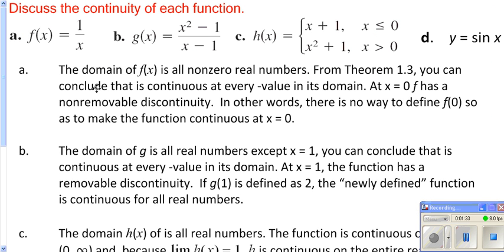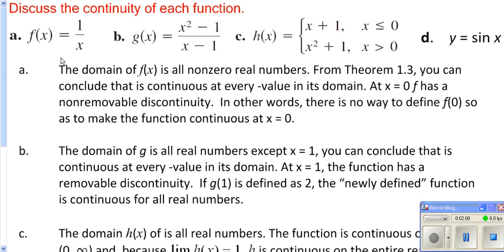So let's go ahead and talk about the continuity of each one of these four functions. The first one, 1 over x. Well, you know when you're dealing with 1 over x, you can't divide by 0, so you'd have a problem at x equals 0. You should know from past classes that 1 over x has a vertical asymptote at x equals 0.